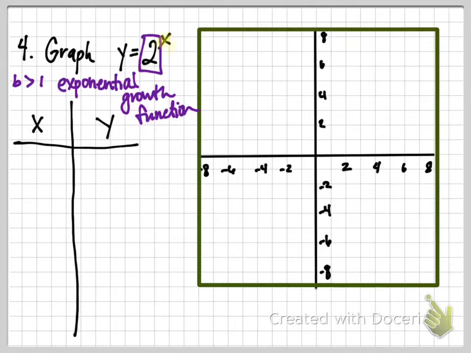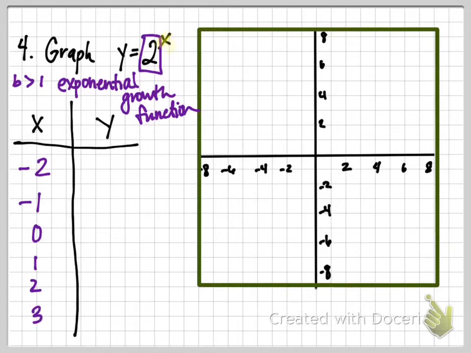Whenever you have an exponential growth, it's a little bit easier to graph just because you end up getting nicer numbers. So we can graph x equals -2, -1, 0, 1, 2, 3, and we'll see what happens.